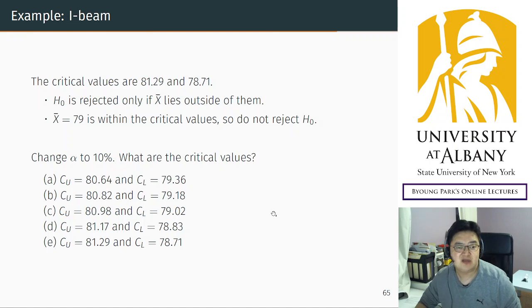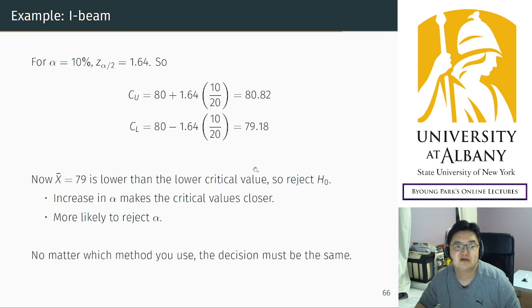And finally, when you increase the significance level to 10%, how would the critical values change? Try this. The answer is only this part changes. When alpha changes, this z value should change to 1.64. Otherwise, all the same.